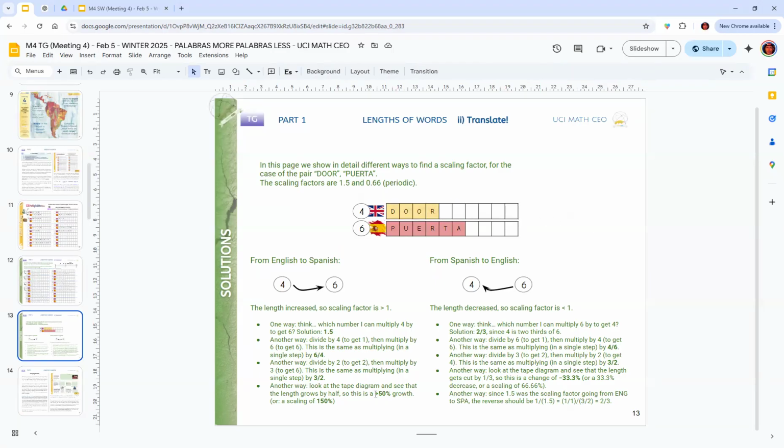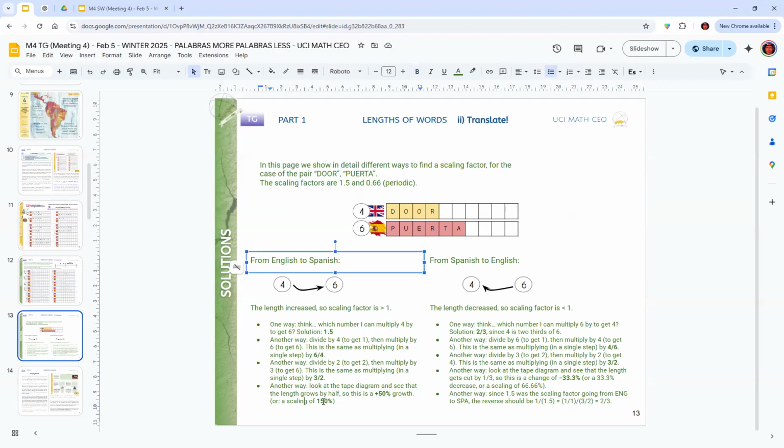So it has to be a 50% growth. Or you could say a scaling of 150%. Namely, if you scale 4 by 150%, then it grows by 50%. So these numbers are equivalent. It's not the same to say 50 than 150, but it's the same to say 50% growth or scaling of 150%.